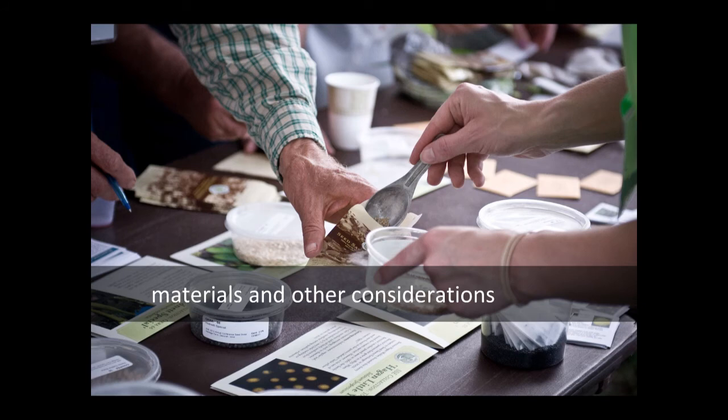As you're choosing your site, it's also important to consider some of the materials you might need. For a seed swap, you'll need a number of tables, you'll need envelopes, lots of pens, maybe some educational materials as well to distribute.